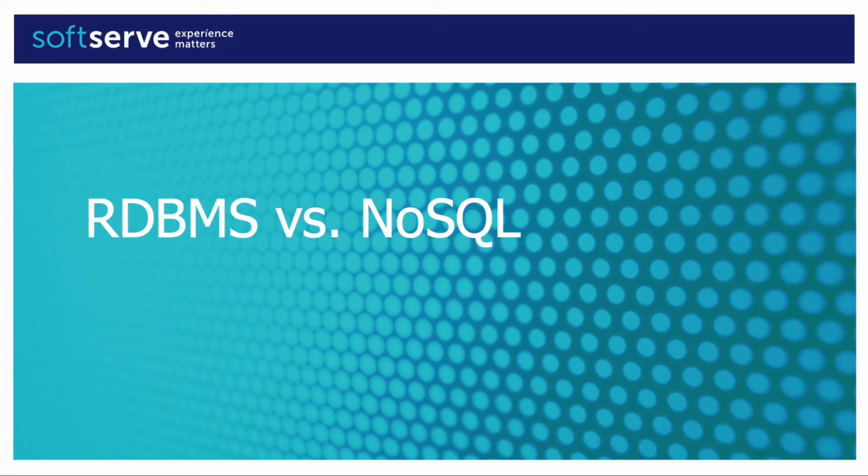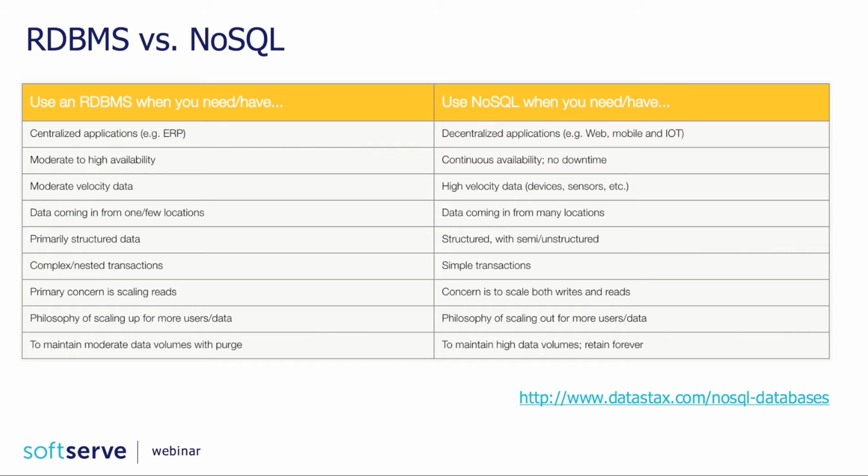Now, let's talk about RDBMS versus NoSQL. This is one of the biggest topics these days. Many companies and projects want to start with NoSQL in their projects, while I really recommend sometimes to stay with RDBMS.